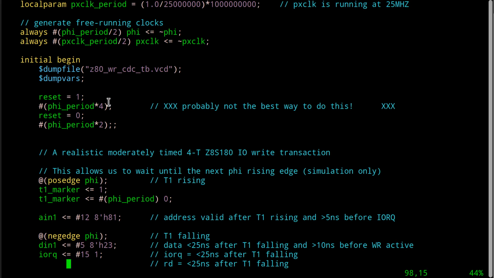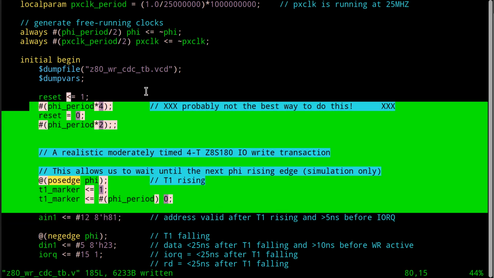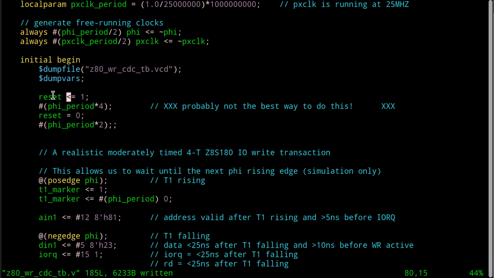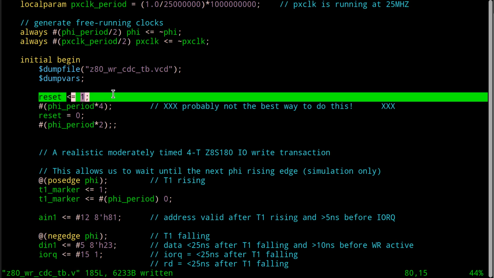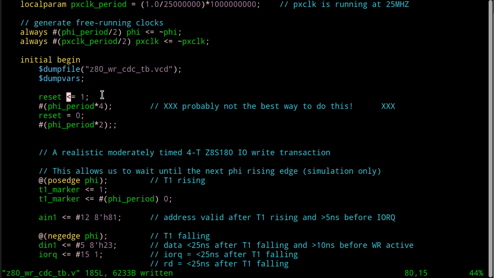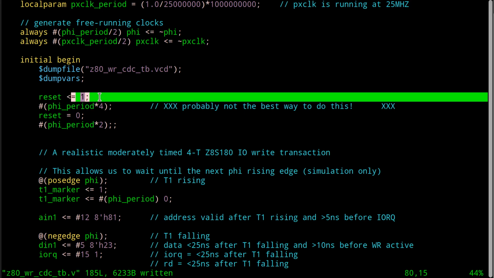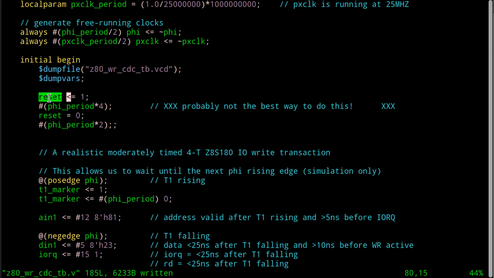Now, if on the other hand I do this, okay, ignoring everything else down here, if I do that instead, then what I do know is that everybody's initial and always blocks will start in random order, because that's the rule. And when this happens, the reset will have a non-blocking assignment of a 1 to overwrite the current value, which I just showed you was 0.